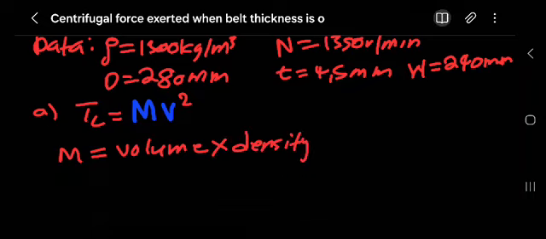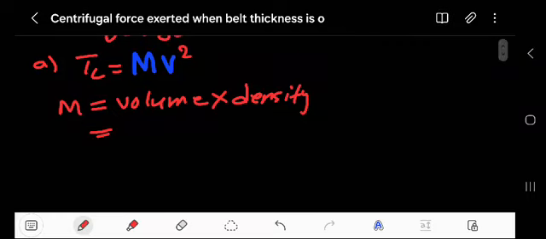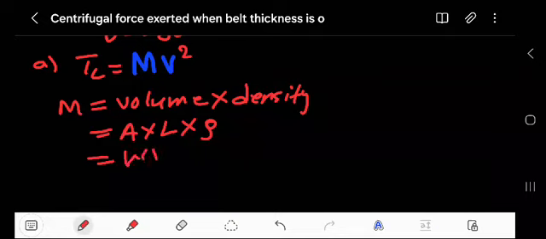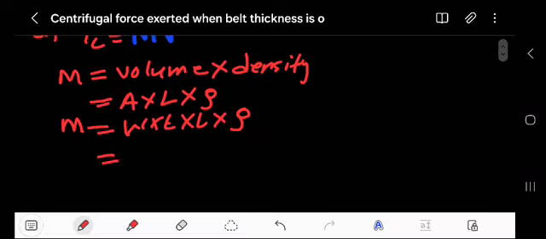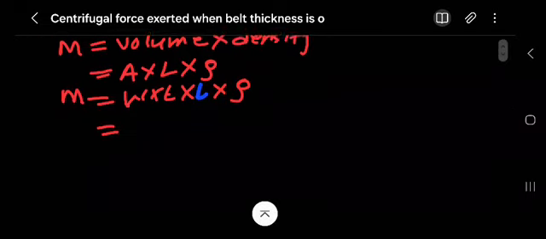The volume is area multiplied by length, multiplied by density, whereby area is width multiplied by thickness. That is our mass. The length, we always take as 1 meter.